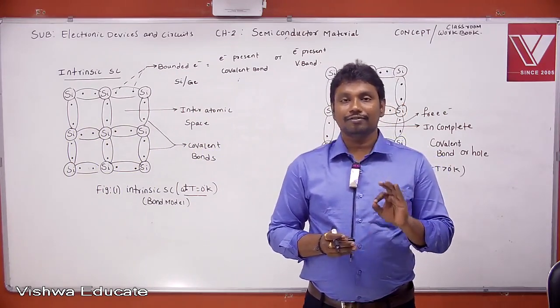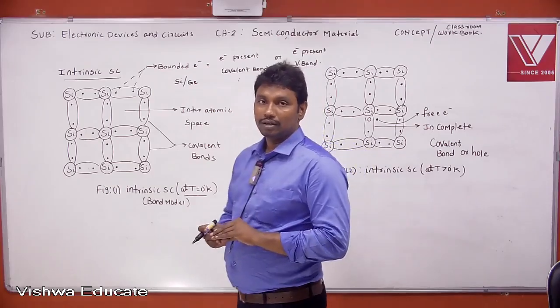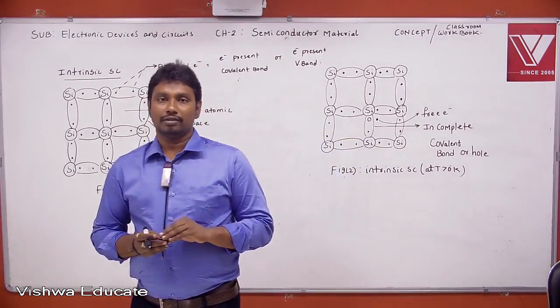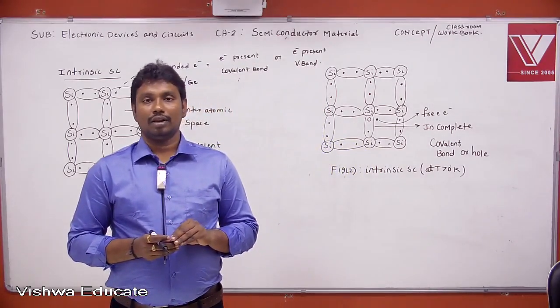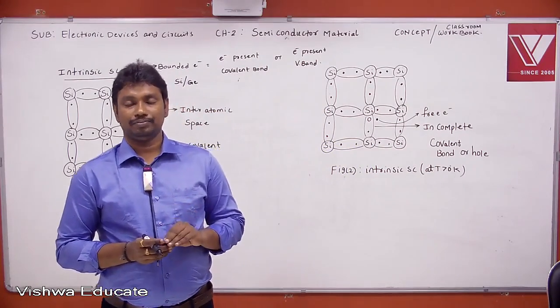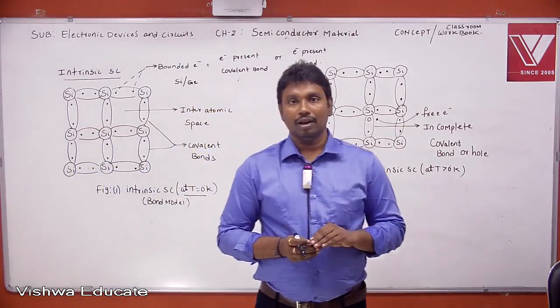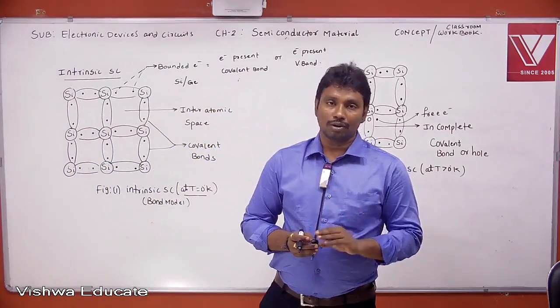Write down. These are formed with fourth group elements like silicon or germanium, and it has 4 valence electrons.